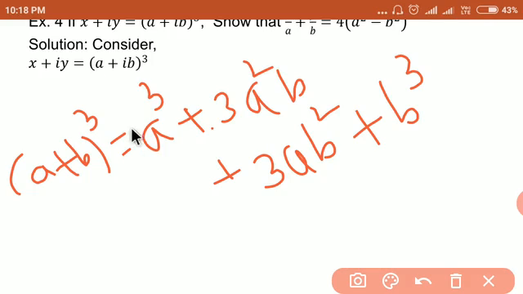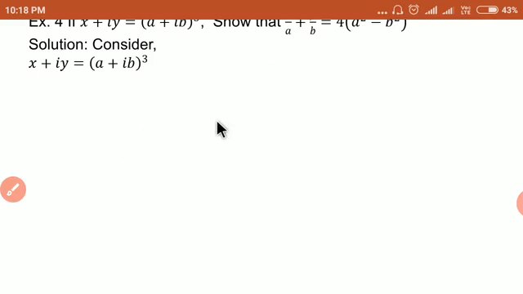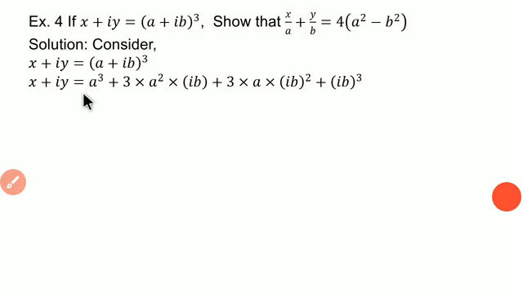If we compare here, a is a but b is i into b. So using this formula, see what we get. x plus iy is equal to a cube plus 3 multiplied by a square multiplied by ib plus 3 multiplied by a multiplied by (ib) bracket square plus (ib) bracket cube.